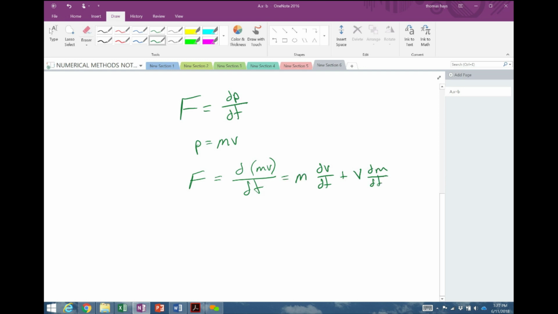So it's only in the circumstance where dm dt is 0, meaning that mass is constant, that this simplifies down to the equation F equals ma. In a system that could be expelling mass or changing mass during its flight, rockets, this is obviously not true.